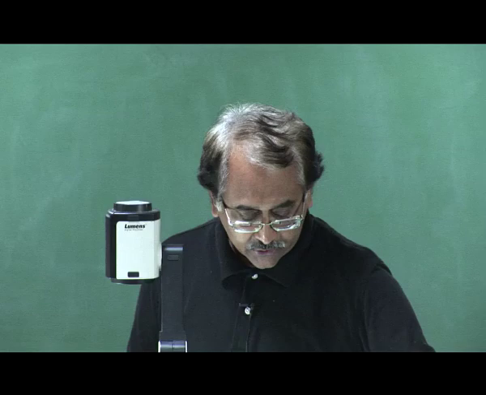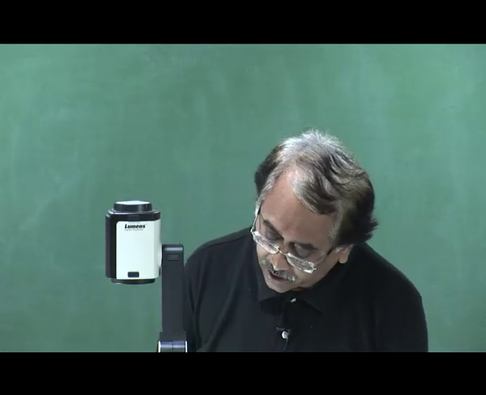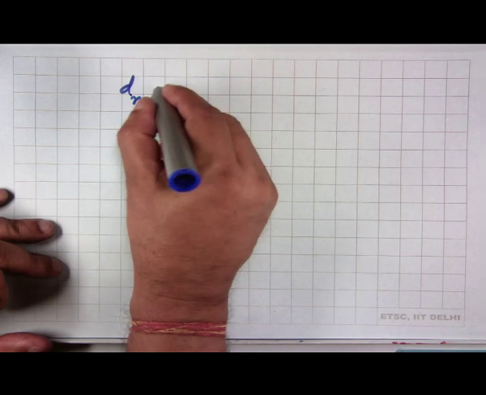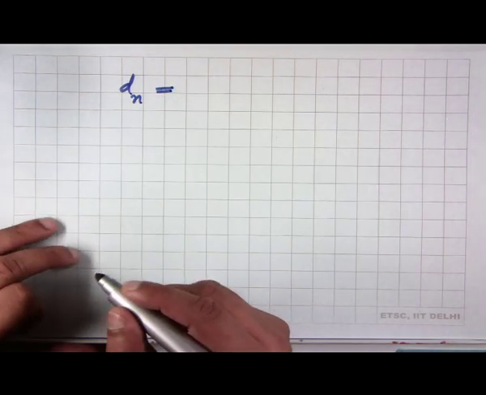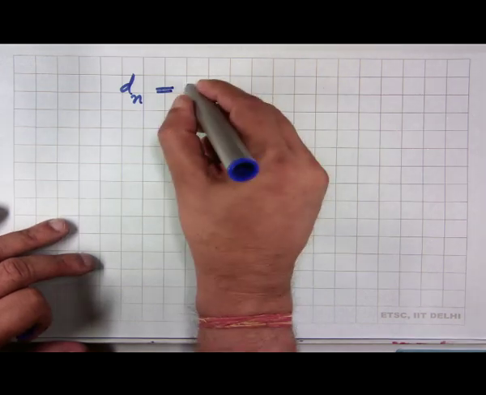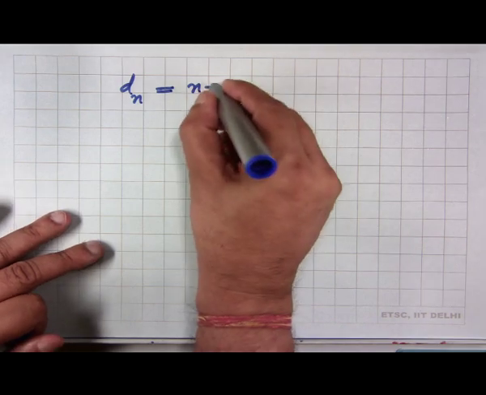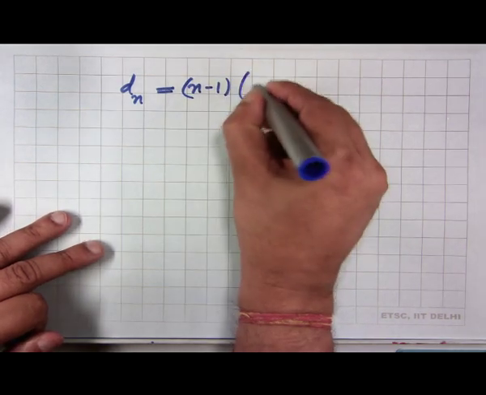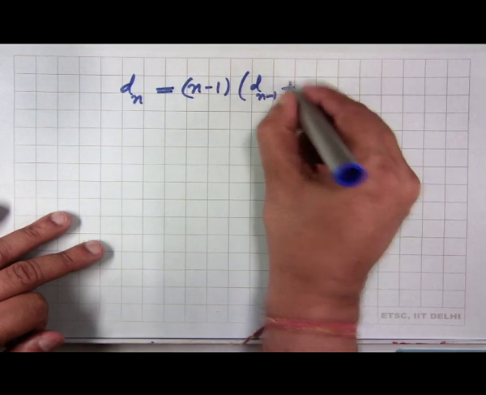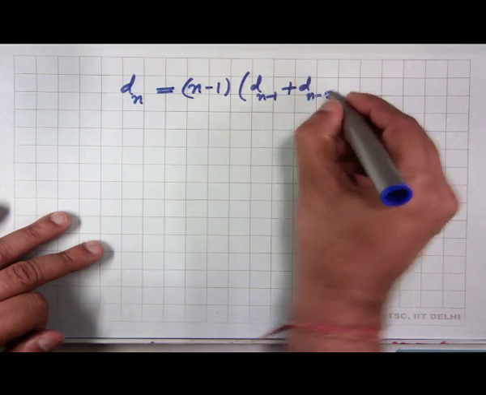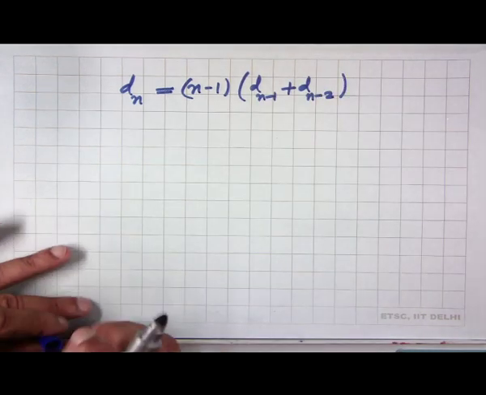This will take me a little bit astray, but in fact, we can prove, and this is not what we're going to do today, a recurrence formula for d_n. It goes d_n is equal to n minus 1 into d_(n-1) plus d_(n-2). This is an example of a second order recurrence.